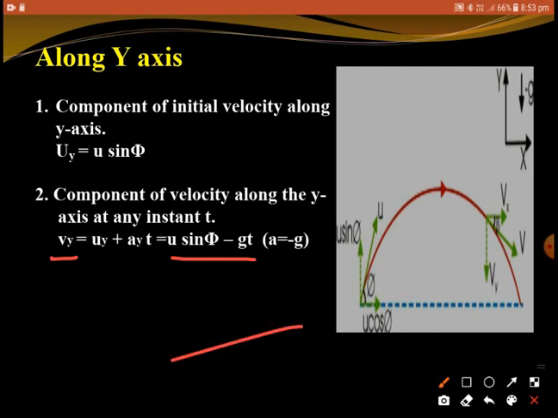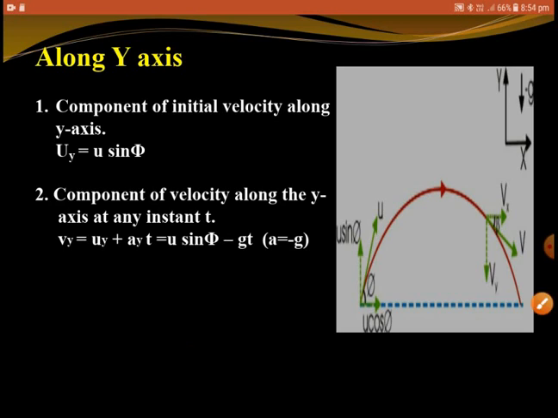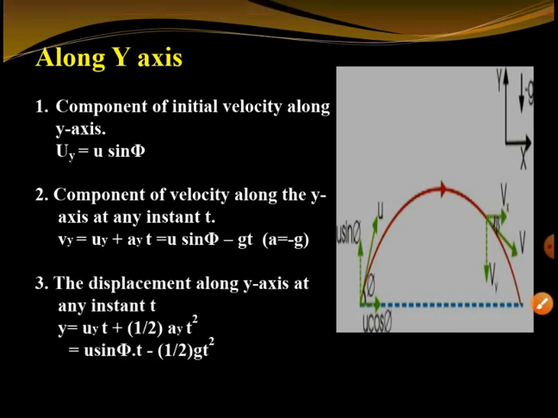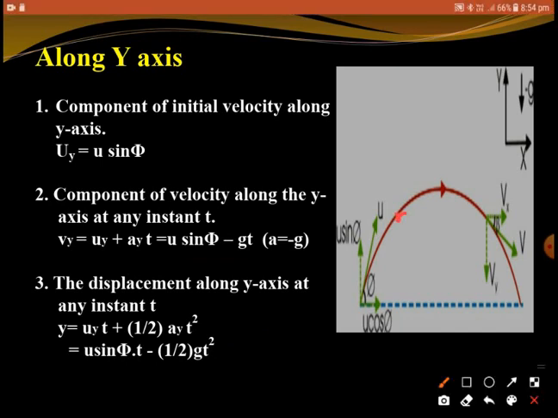And now the vertical displacement can also be found out here. Suppose your object is somewhere here, at this point your horizontal velocity will be u cos theta, and your vy will be given by this relation. So what is the vertical displacement?